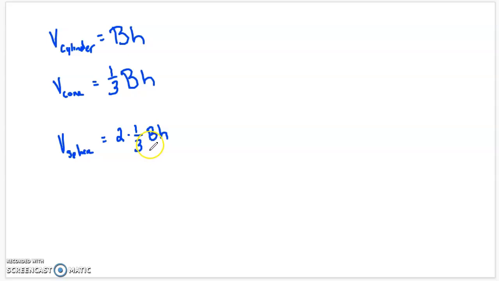Unfortunately, our sphere has a different shape than our cone. So it's not quite so simple since our sphere has a different sort of dimension going on than our cone does.